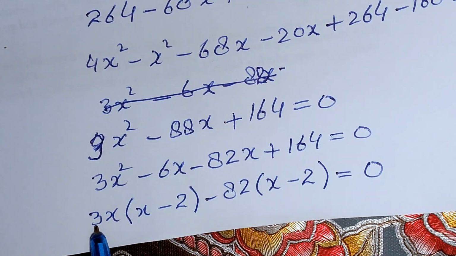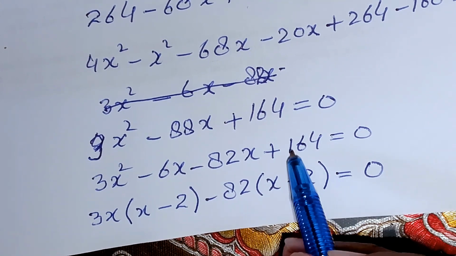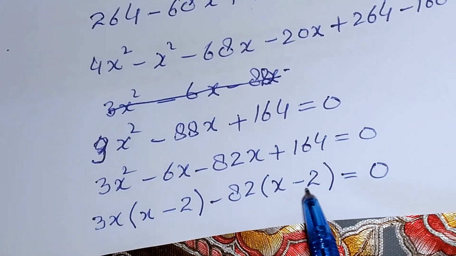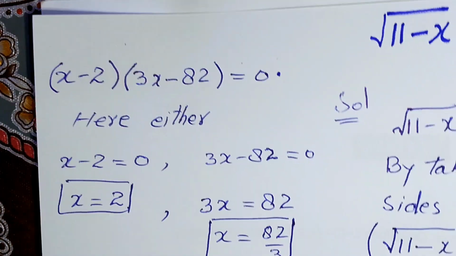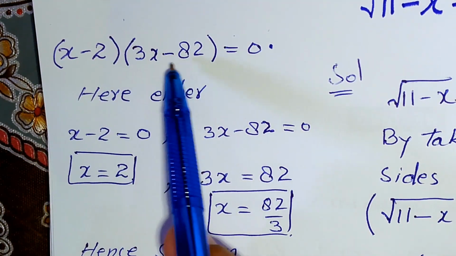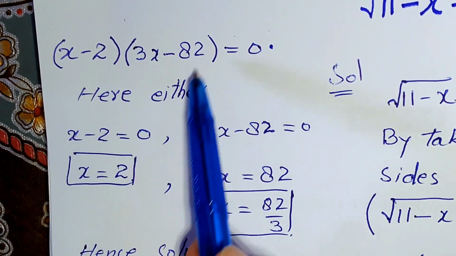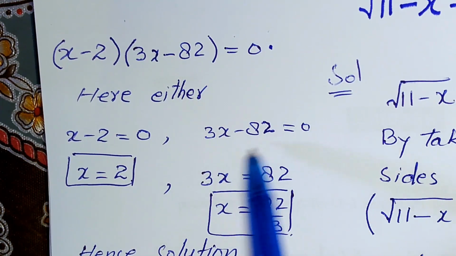So we take common 3x, so it will give us x minus 2, minus 82 is common here, so it will give us x minus 2, because minus is common here, so it will be changed into minus sign, so this is equal to 0. In order to solve this, here x minus 2 is common into 3x minus 82 is equal to 0, so either this will be equal to 0, or this will be equal to 0.